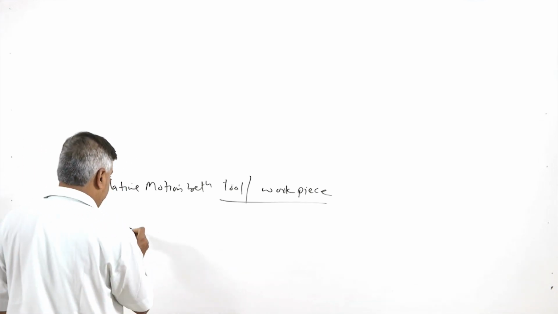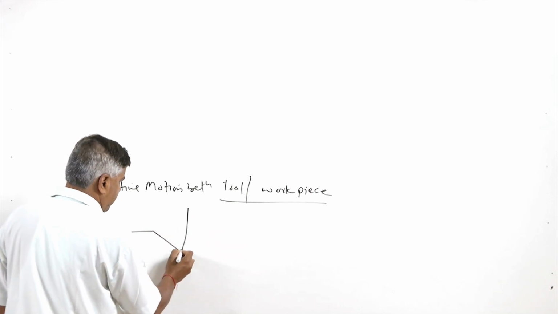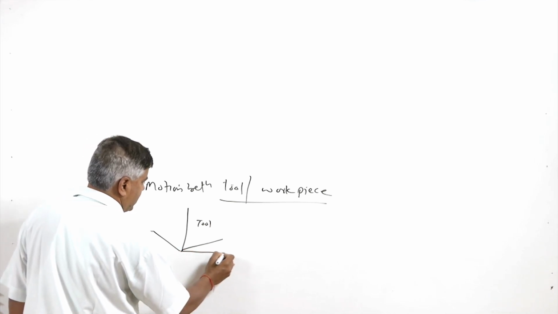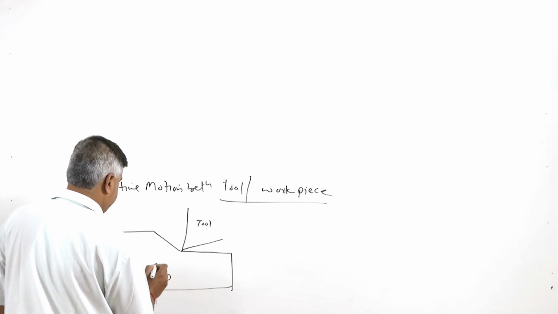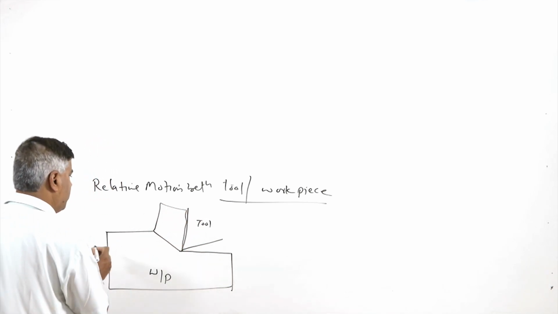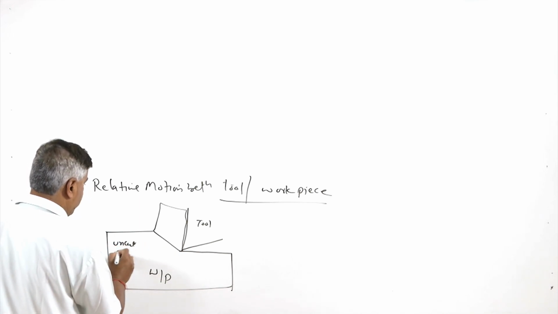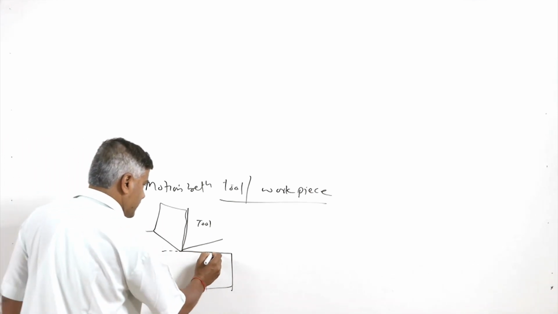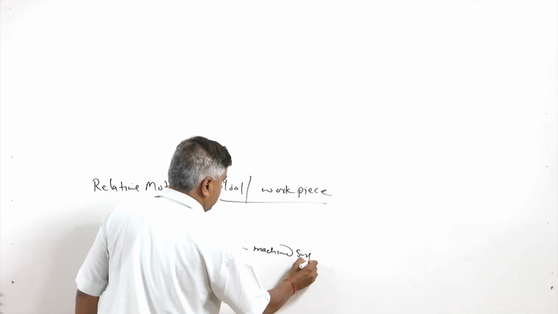For example, like this is the tool, this is the machined surface, this is the workpiece, and this is how the chips will be formed and material will be removed. So, this is the uncut material which is to be removed, and this is the workpiece, and this is the machined surface.